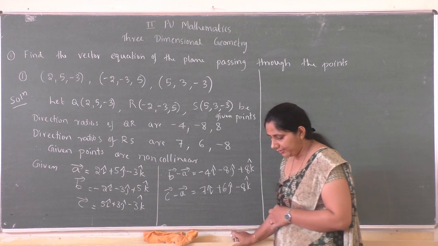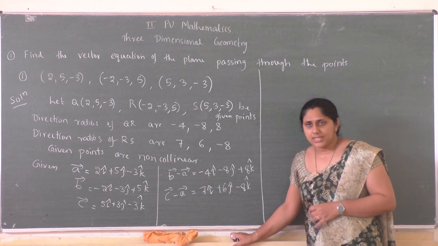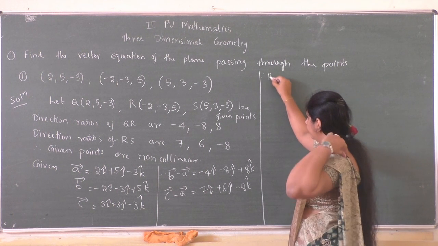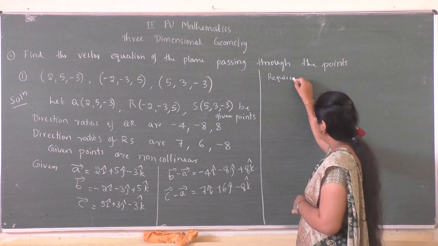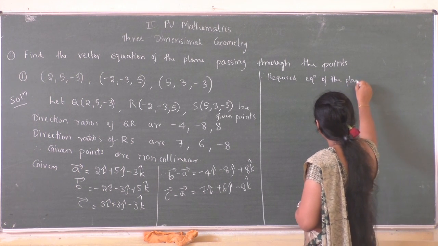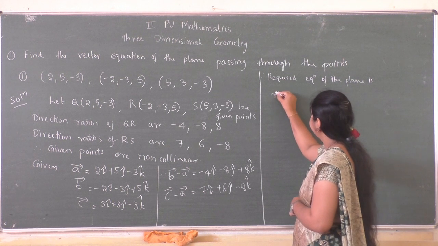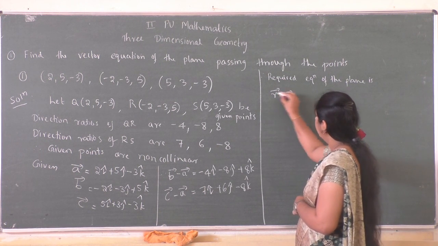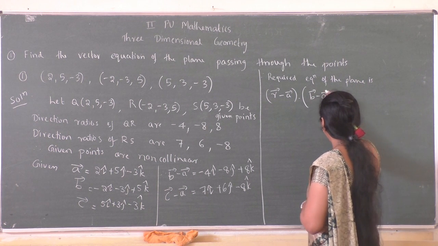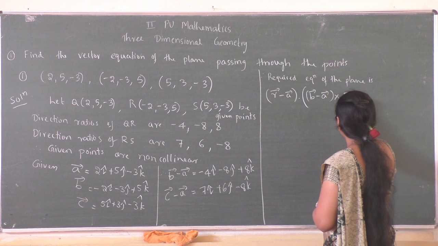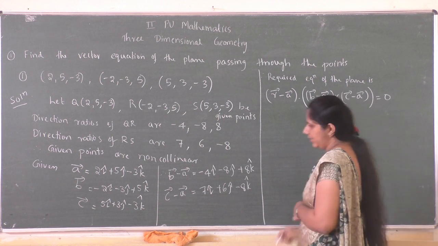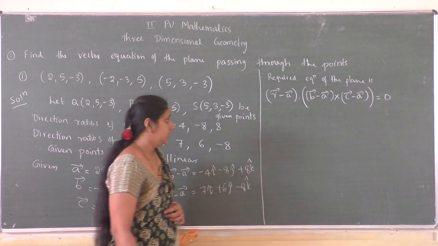So once you find the value of B vector minus A vector as well as C vector minus A vector, you can write the equation. Therefore, the required equation of the plane is, what is the formula? (R vector minus A vector) dot (B vector minus A vector) cross (C vector minus A vector) is equal to 0. Now substitute the terms.